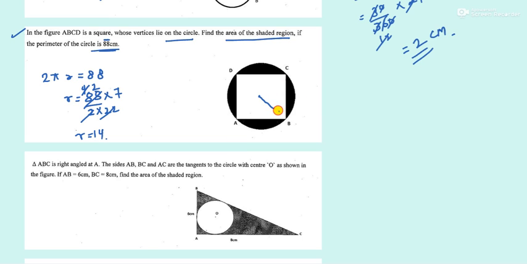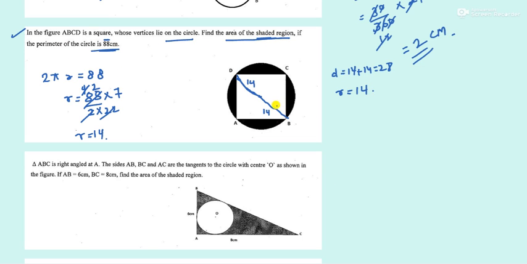So if R is 14, okay, this radius is 14. What is this? This is again 14, correct? So we have got diameter as 14 plus 14, which is 28, and radius is 14. Now we need to find the area of shaded region.